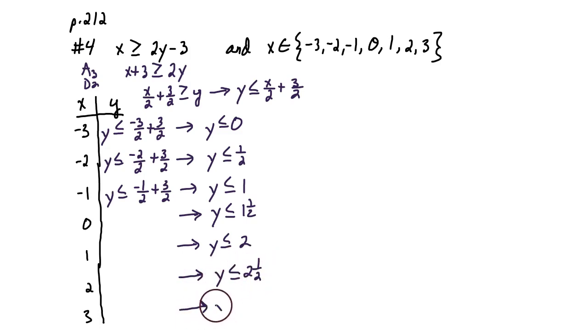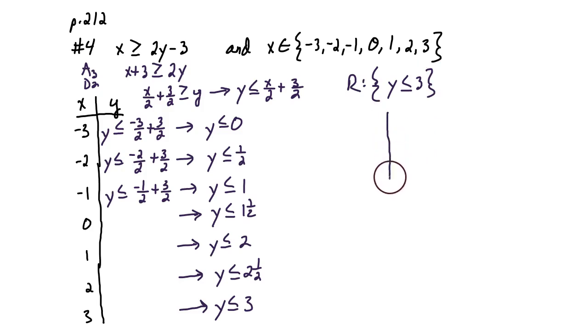And this last one will be 3. We're asked to give the range. That's where you list your y values. But all of our y values are inequality statements. I think the most expansive of them is y is less than or equal to 3. So that's our range. Now let's make the graph.